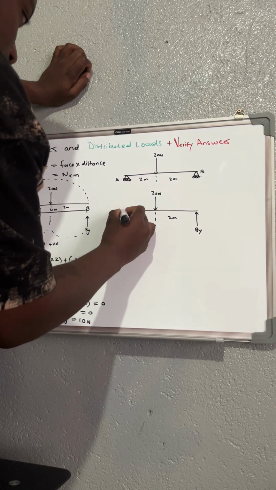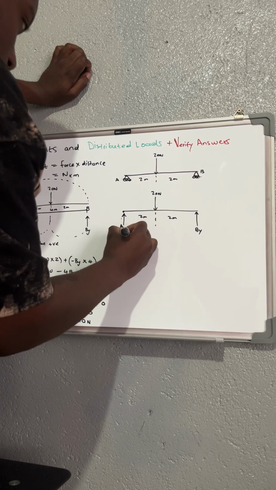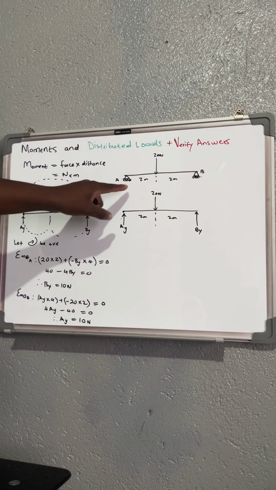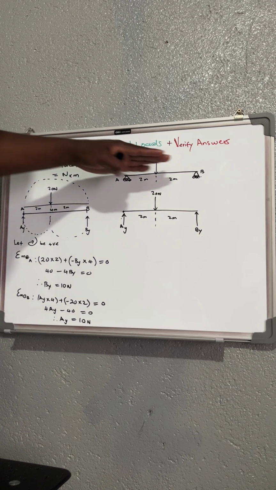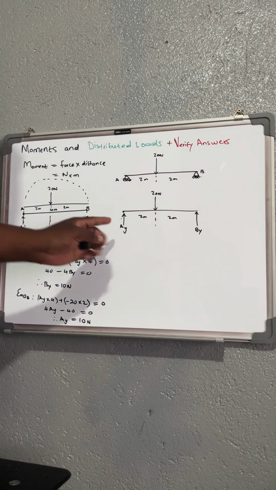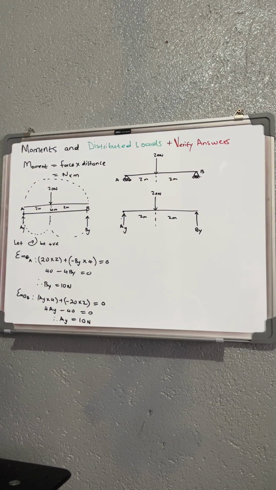Then this side you only have your Ay. You see how we were able to go back to this original one, because at point A and point B, this plank can only be held in the y direction, but in the x-axis you see that it's going to have a movement.